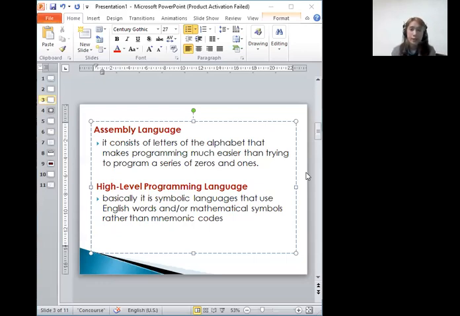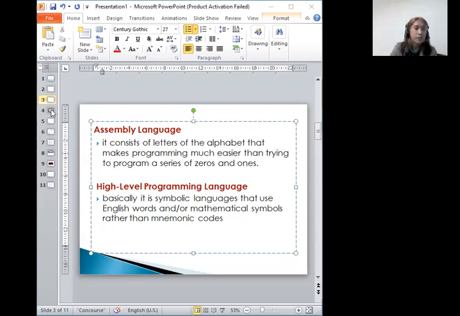So, they're easy to understand and the code can be written easily as the programs written are user-friendly in high-level language. Common high-level languages used today are Python, Java, C++, C Sharp, JavaScript, and etc. Marami pa pong high-level languages yung nagagamit ng mga programmer po ngayon.